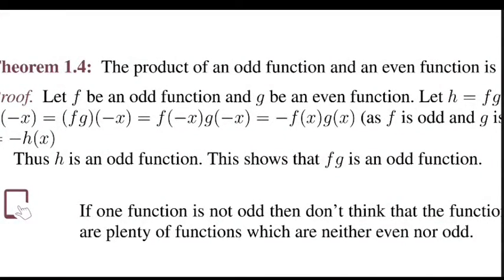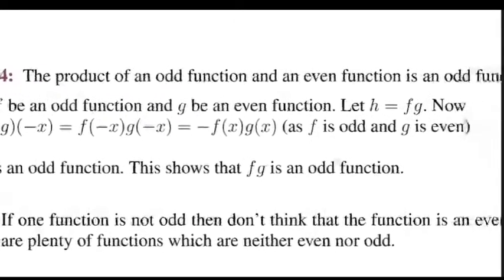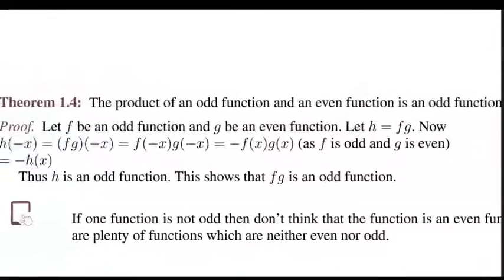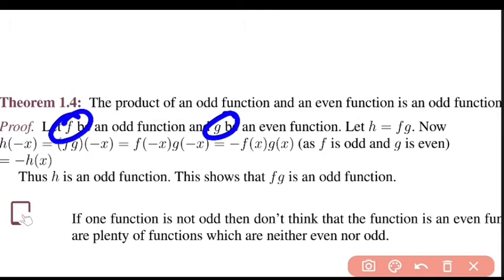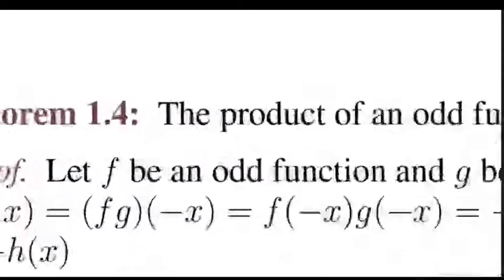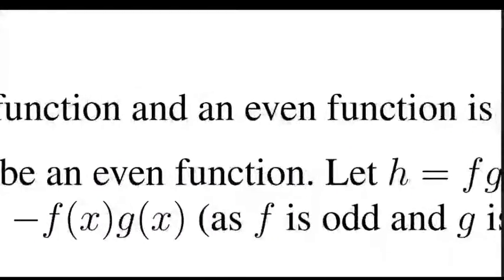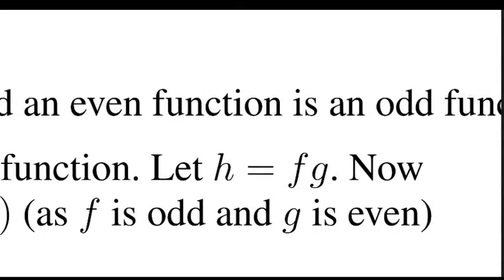Theorem 1.4: the product of an odd function and an even function is an odd function. Proof. Let us take two functions, f an odd function and g an even function. Let h equal f into g.